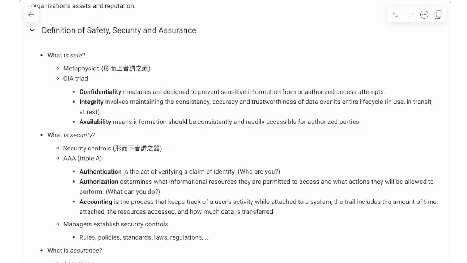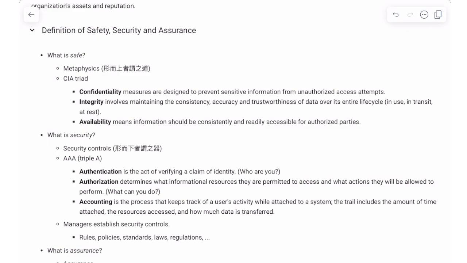So that is authorization. And accounting is a process that keeps track of users' activity while they attach to a system. That means it has to log every action in the system.